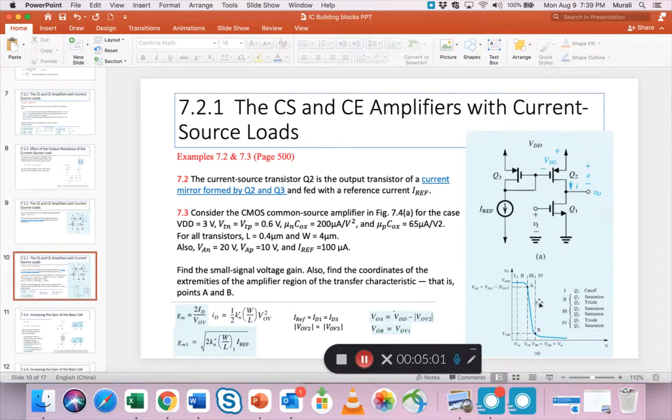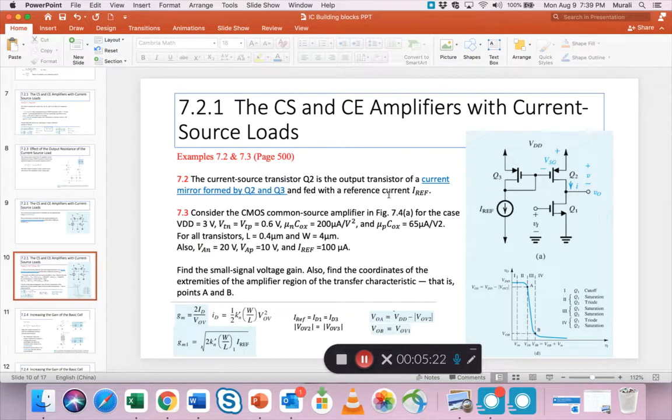We are deriving a transfer characteristic, V input to V output. You've seen this before, this curve. So a slight difference in some of the terminology, but basically the theory is the same of how to create this transfer function.